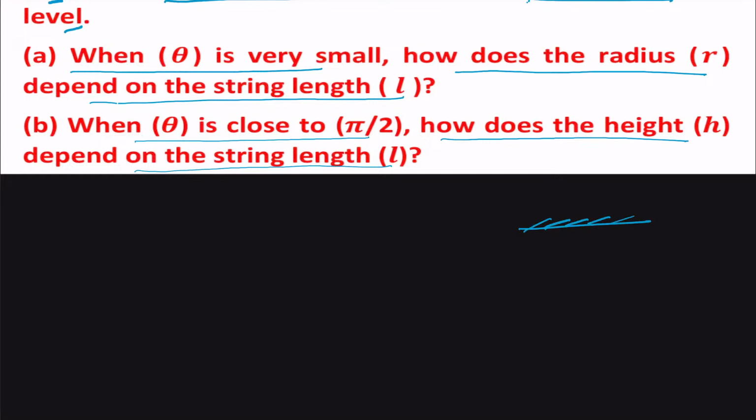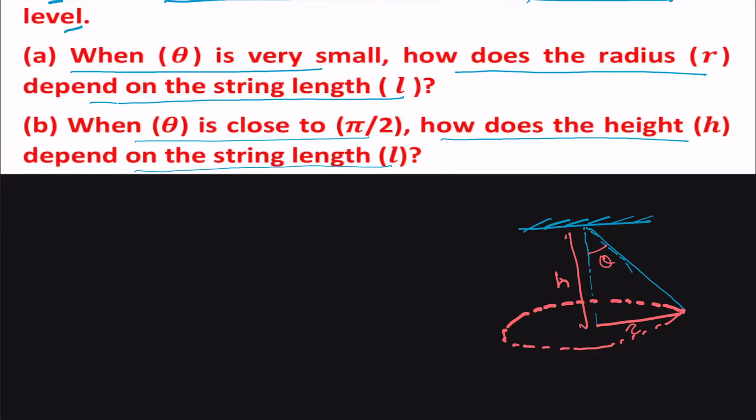So this is our support and the vertical, and we are having a string which is rotating in a circular path. So something like a conical pendulum, and suppose this is the radius R of this conical pendulum, and H is the height, theta is the angle with the vertical, and L is the length.